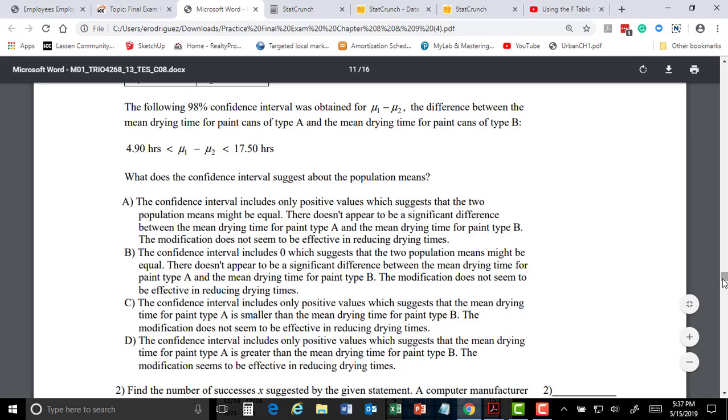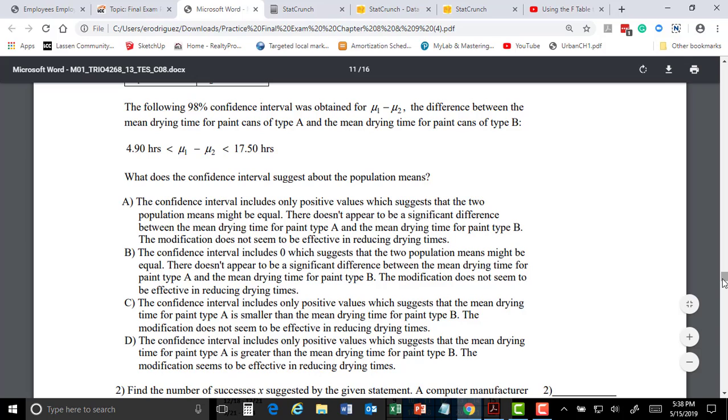It says the confidence interval includes only positive values, which suggests that the 2 populations might be equal. No, right? Do you agree? No. Because if the populations were equal, 0 would be inside this range. Does anybody know what I'm talking about?